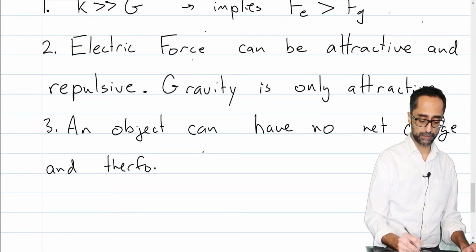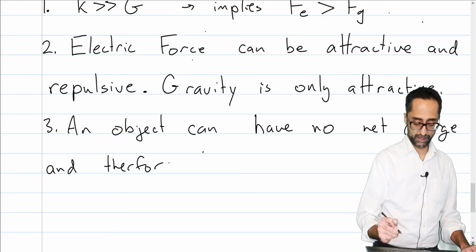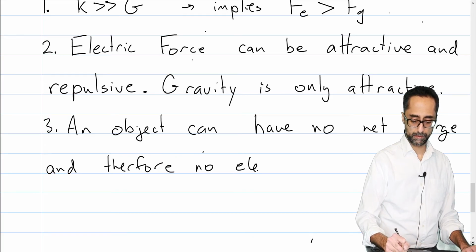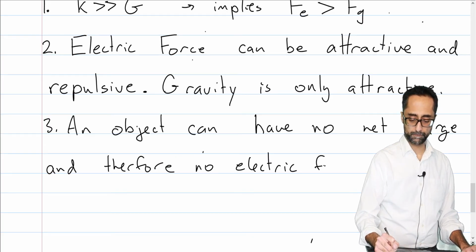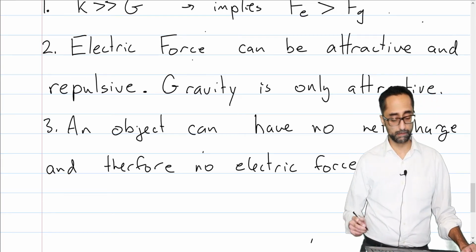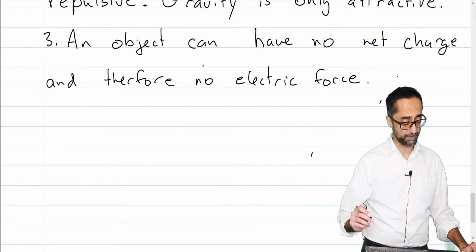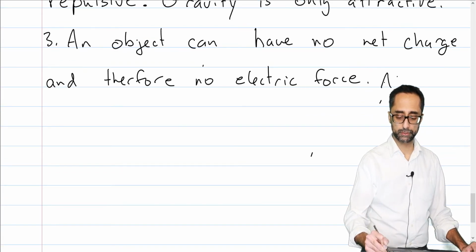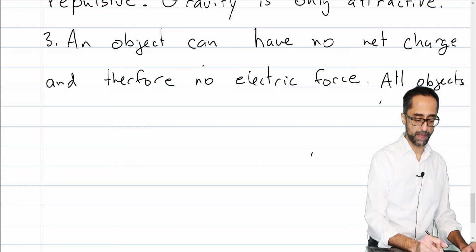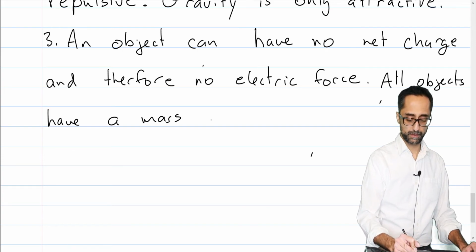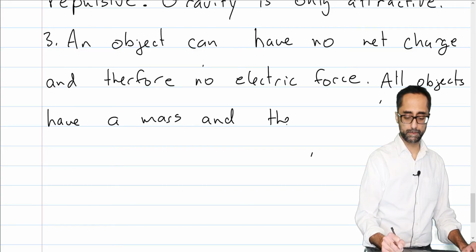As we know, there's no electric force associated with a neutral charge. And on the other hand, all objects have a mass and therefore a gravitational force. So not all objects have a charge, but all objects have a mass, and therefore a gravitational force.